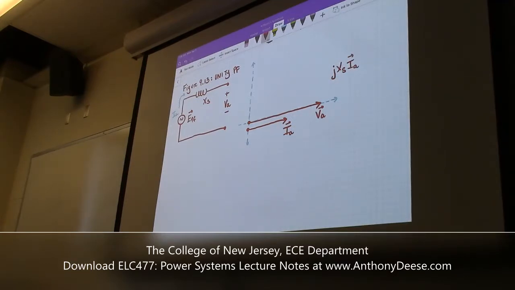JXS has an angle of 90 degrees. IA has an angle of 0 degrees, which means that this is going to point straight up, like that, right? And then our EAF is going to be the sum of those two together. So our EAF is going to look like this.